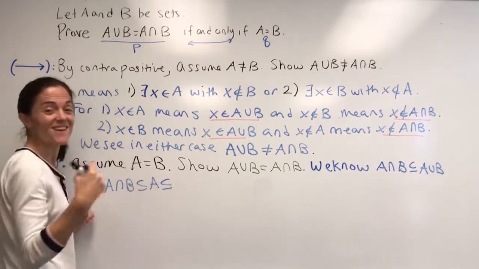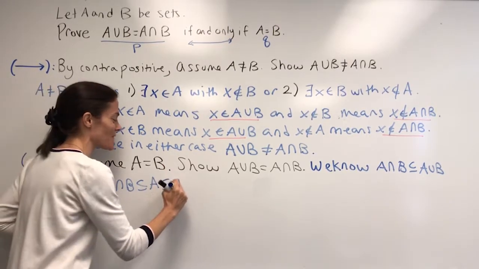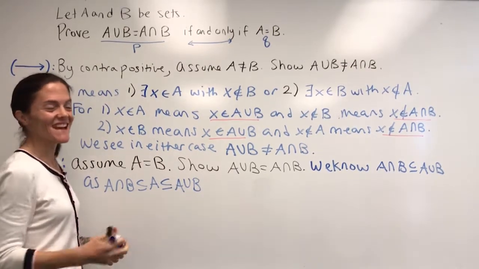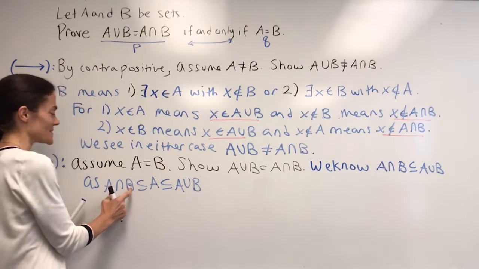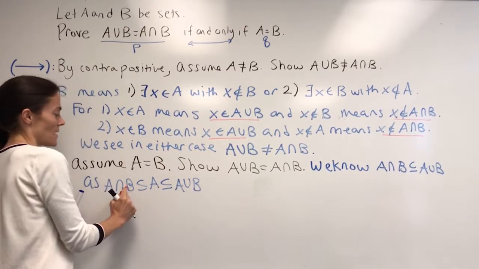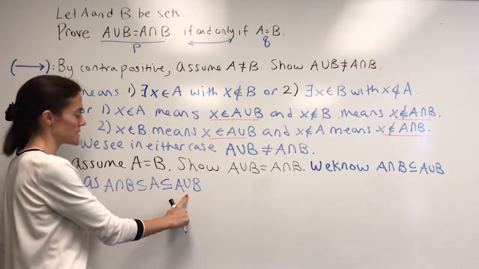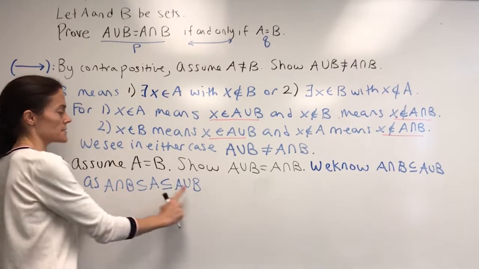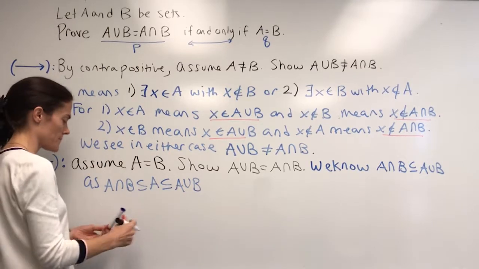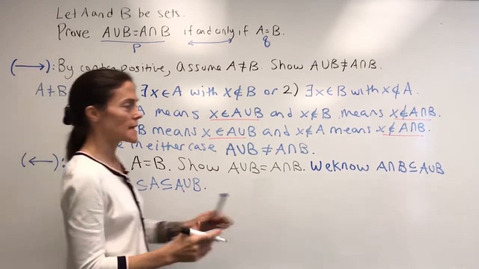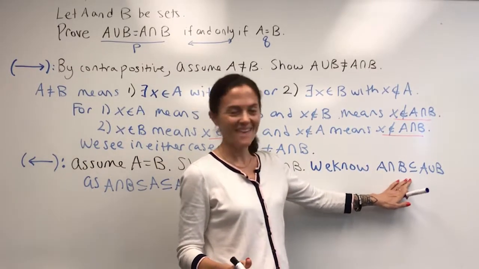And then we also showed that A was always a subset of the union. And then one of the exercises in this homework was listed for three sets: if A is a subset of B and B is a subset of C, then A is a subset of C. In any case, this statement holds, okay?